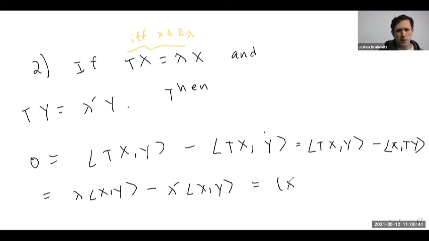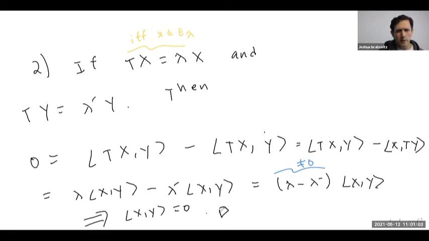So this is going to be equal to lambda minus lambda prime times <x, y>, but we're assuming this is not equal to 0. So that implies x is perpendicular to y. Right, and that takes care of the easy proof. All right, so I need one more fact.